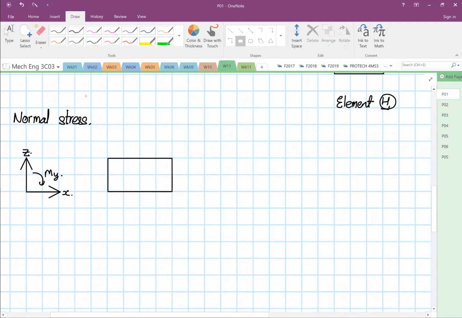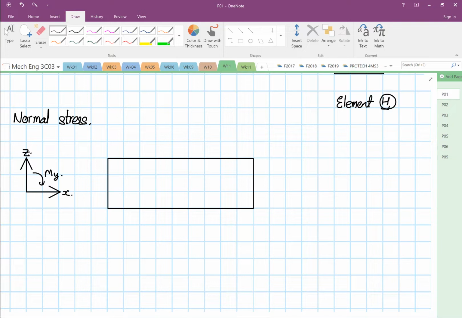So this is our shaft, now viewing from the side, and this is our element H.